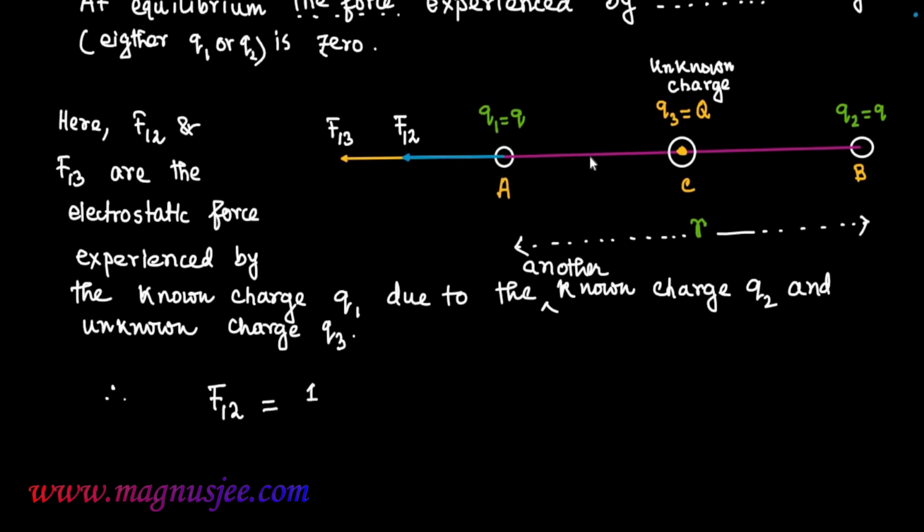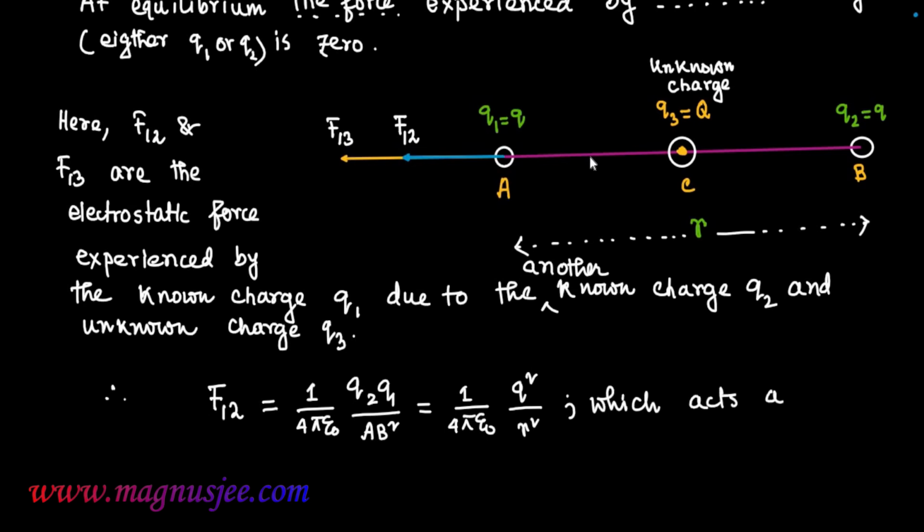Therefore, F12 equals 1 by 4 pi epsilon 0 Q2 Q1 divided by BA square, which is equal to 1 by 4 pi epsilon 0 Q square by R square. It should be Q2 Q1 by BA square, not AB square.